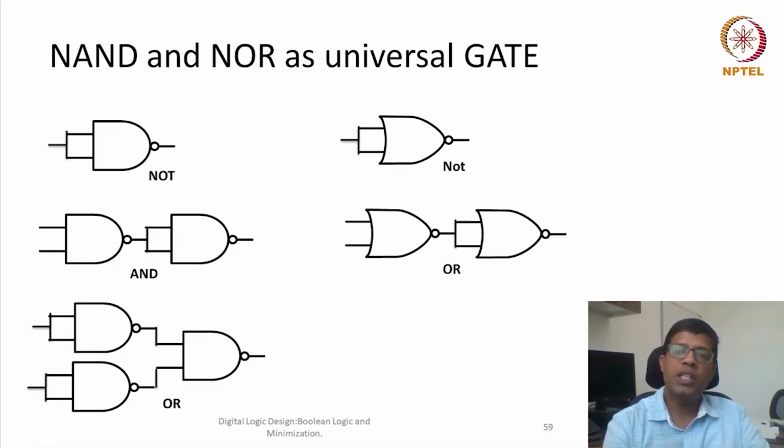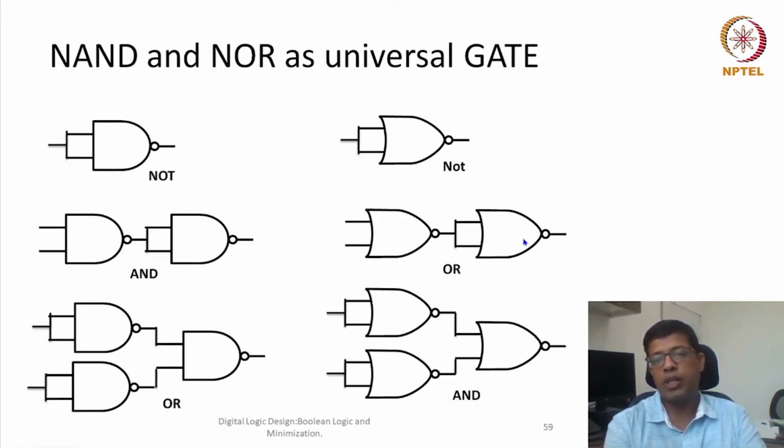Similarly, if I take two NOR gates and the output of one NOR gate is connected to both the inputs of the other, this would effectively work like an inverter, and two inverters will nullify each other, and the output is effectively like an OR gate. Because of the relation between OR and AND, I can invert both the inputs of my NOR gate, and effectively it will work like a NAND gate.